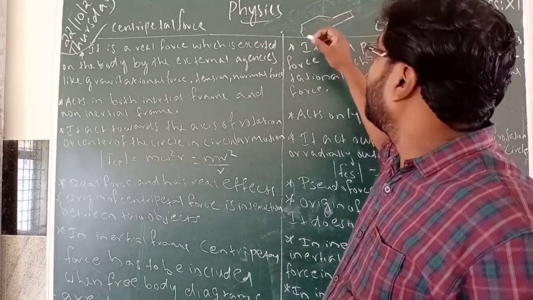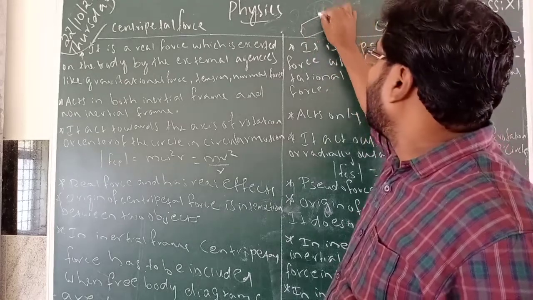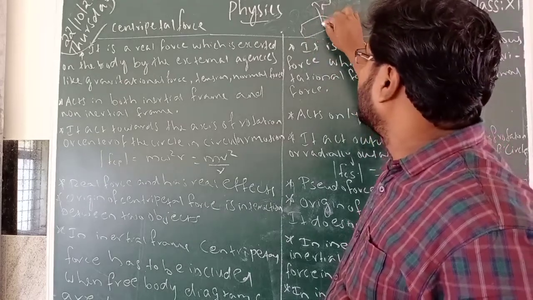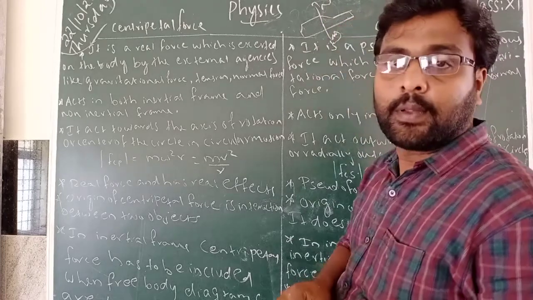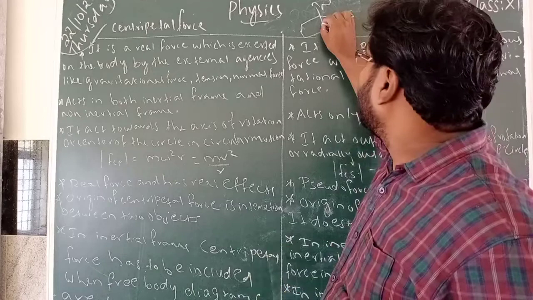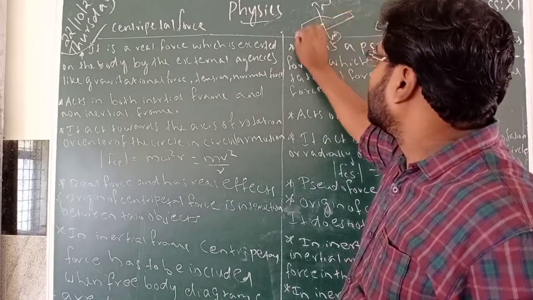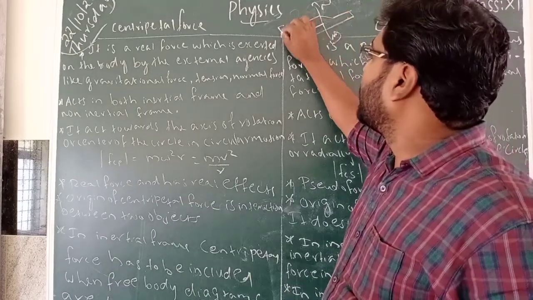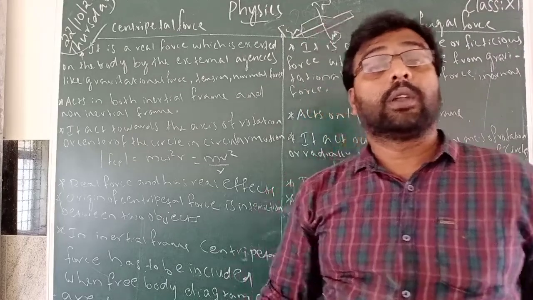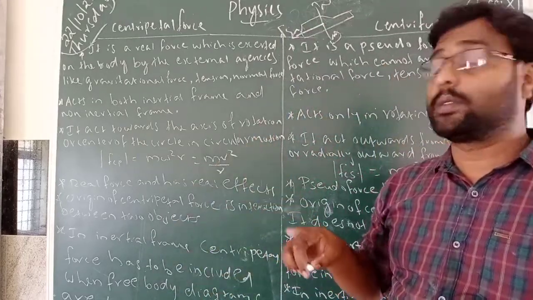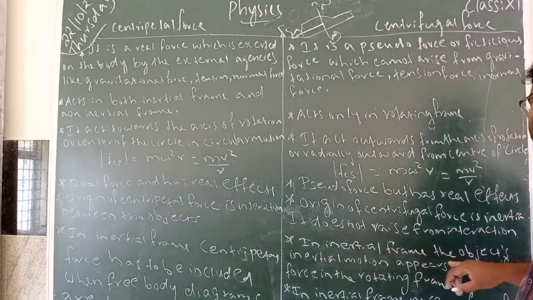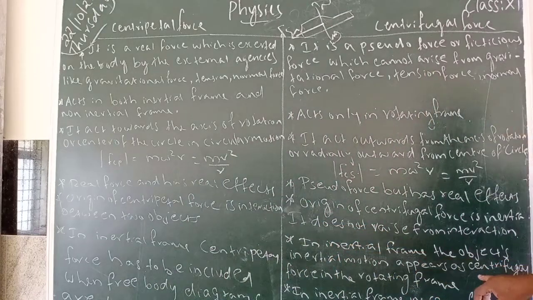When you are drawing the free body diagram, you can draw the upward normal force, the downward gravitational force, mg, and also the centripetal force, Fs. But in an inertial frame, the object's motion appears as centrifugal force in the rotating frame.